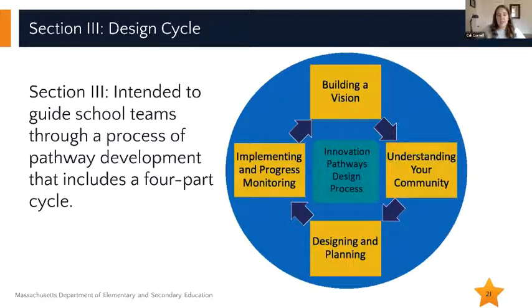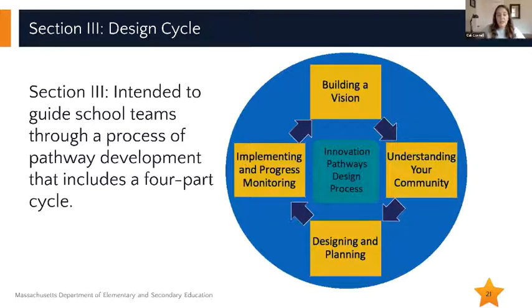In the next phase, designing and planning, school teams brainstorm, map, and assess college and career readiness policies, programs, and practices. You'll begin to understand the knowledge, skills, and competencies that students need to be able to demonstrate for specific industries, and develop a pathway system framework that includes those 5 guiding principles of innovation pathways.